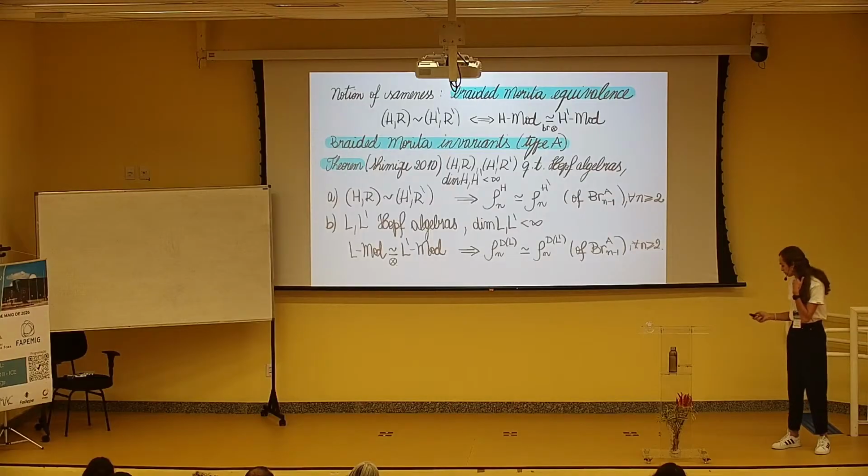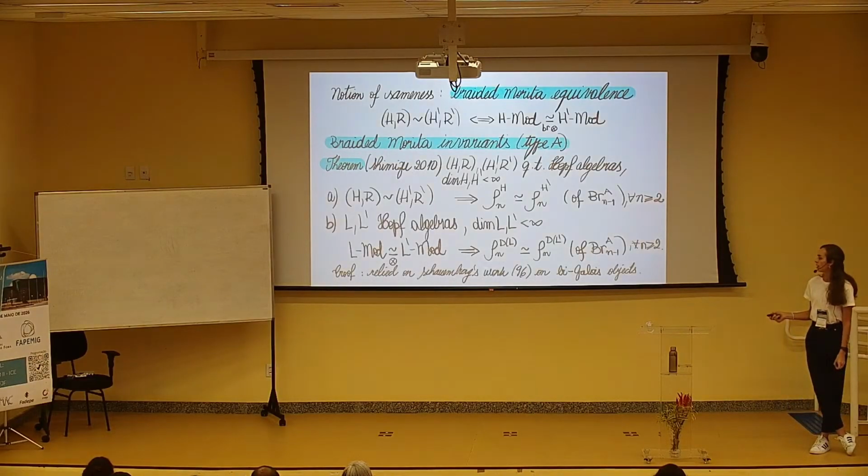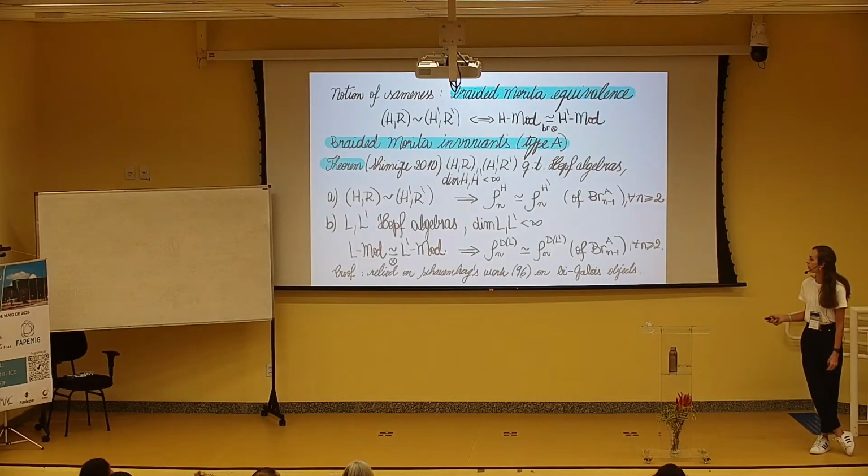These results rely on work from Schauenburg on bi-Galois objects, where he describes when two module categories over finite dimensional Hopf algebras are monoidally equivalent.